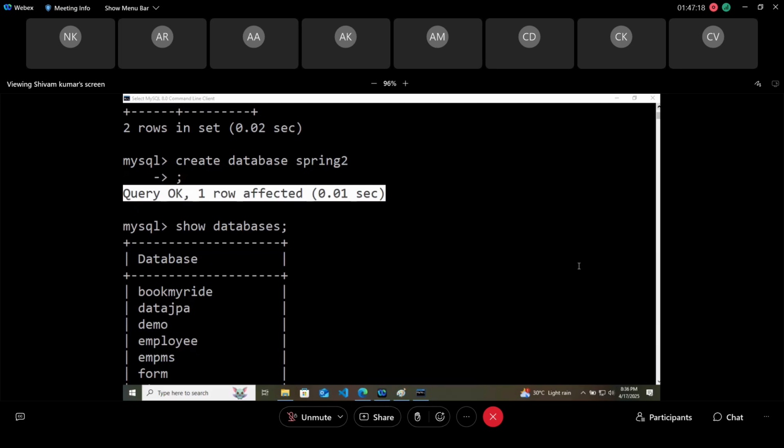Count 3 months from 20th of March: April, May, and June. So by normal mathematics, it is 20th of June. 10 days more you should add for holidays, revision and so on. Don't be in a hurry in Spring Boot. Great things take time.